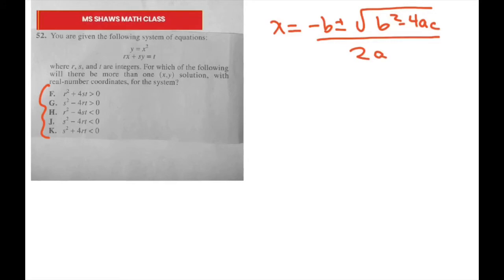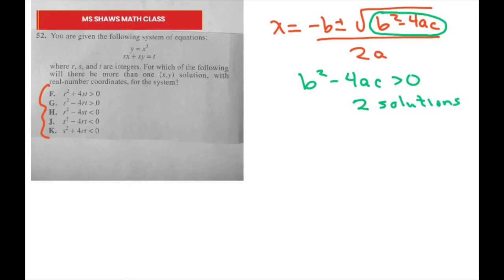The discriminant is right here. So if the discriminant is positive, that means there's two solutions, or more than one solution. So I'll just put 2 solutions.